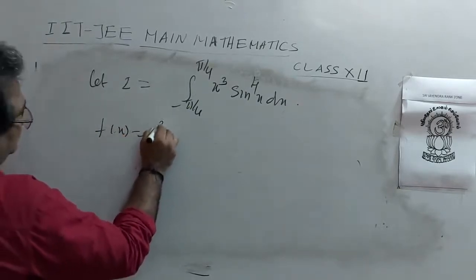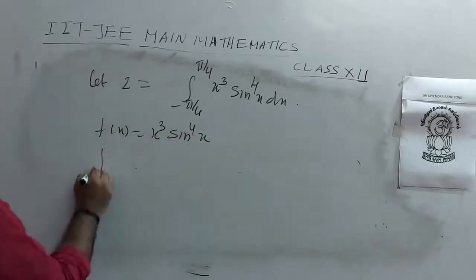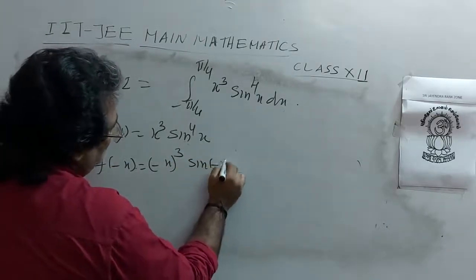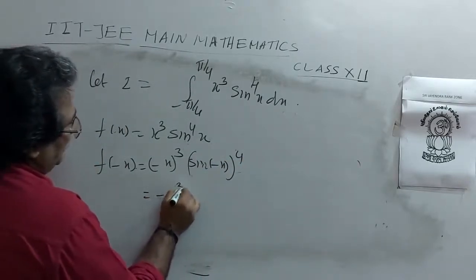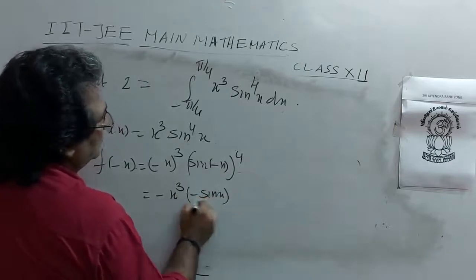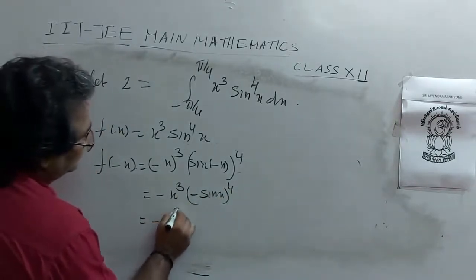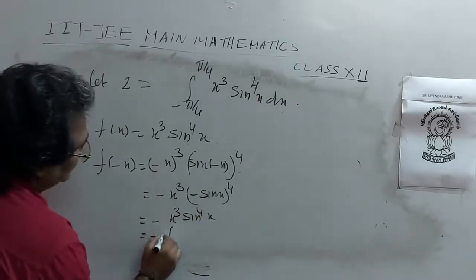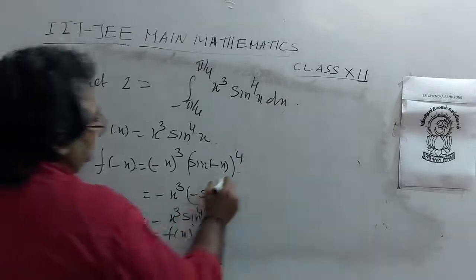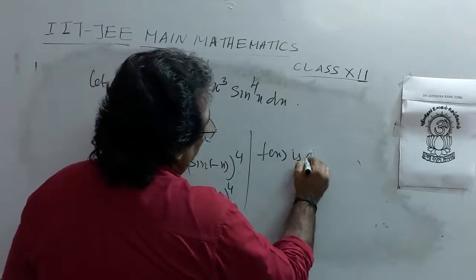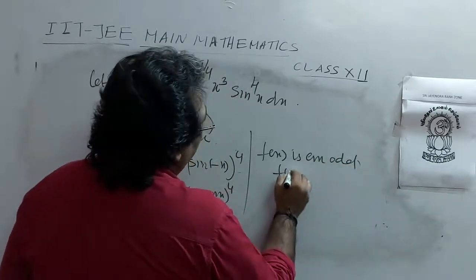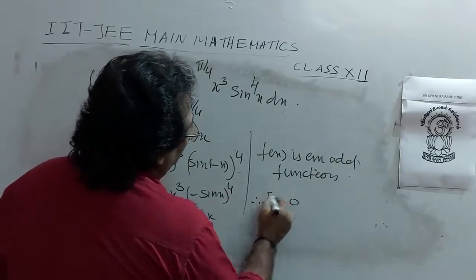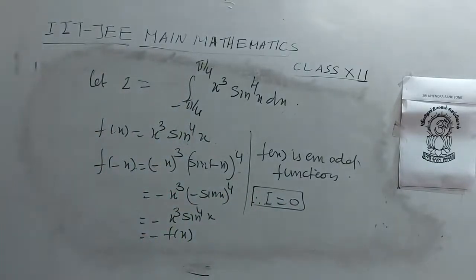Take f of x equal to x cube sin to the power 4 x. f of minus x equals minus x cube, sin of minus x whole power 4, which is minus x cube sin to the power 4 x, that is minus f of x. f of x is an odd function. Therefore I equals 0.